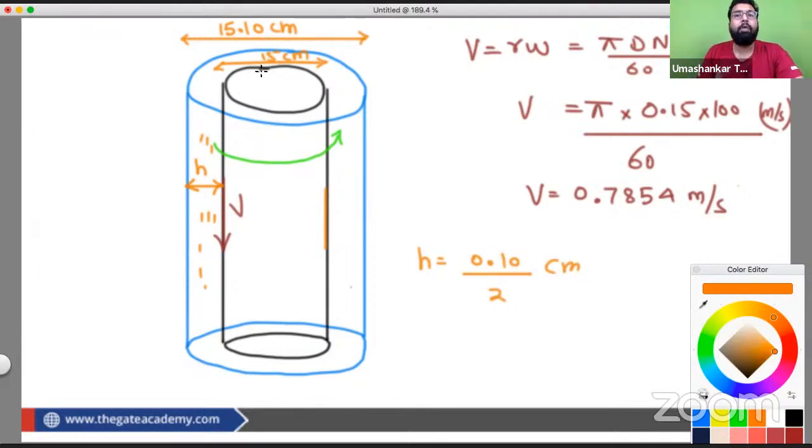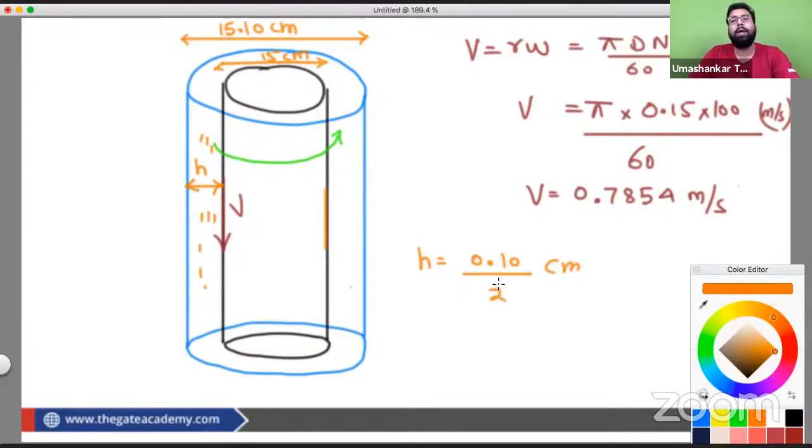So remember, while applying Newton's law of viscosity in the rotary case, you must take the radial clearance, not the diametrical clearance. Please remember this concept, otherwise you are going to make some mistake here.